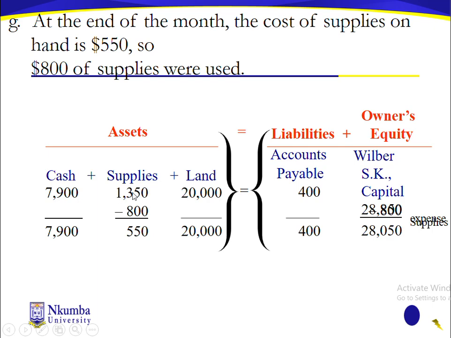They were 1,350, but at the end of the month we are remaining with the stock of 550 US dollars. It means that we have used up what? We have used up 800 US dollars.